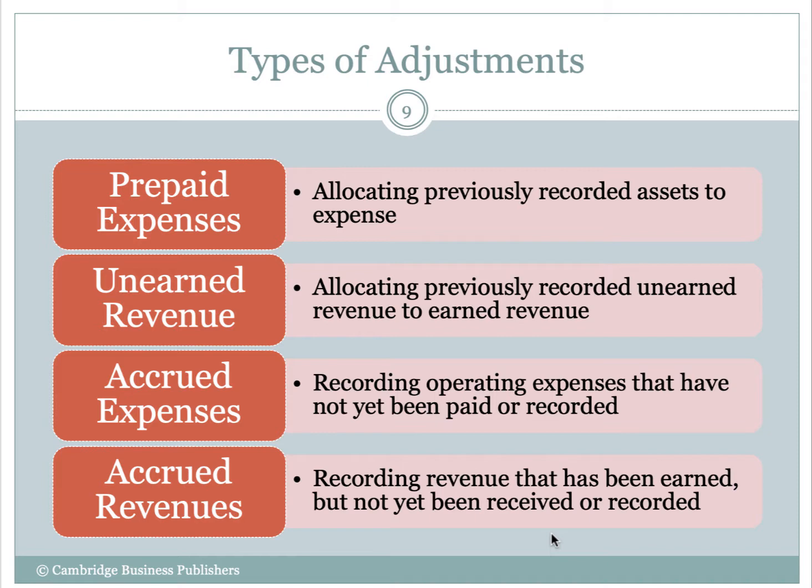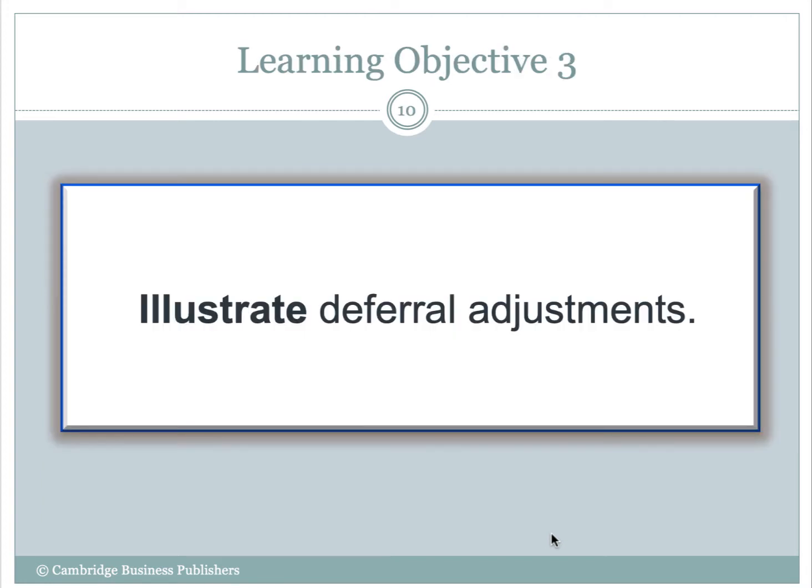These two types of accruals, accrued expense and accrued revenue, what we're saying here is recognition happens first, then the cash payment comes, okay? When we come back in our next video, we're going to talk about deferral adjustments a little more, and we're going to demonstrate how you prepare those deferred adjustments.